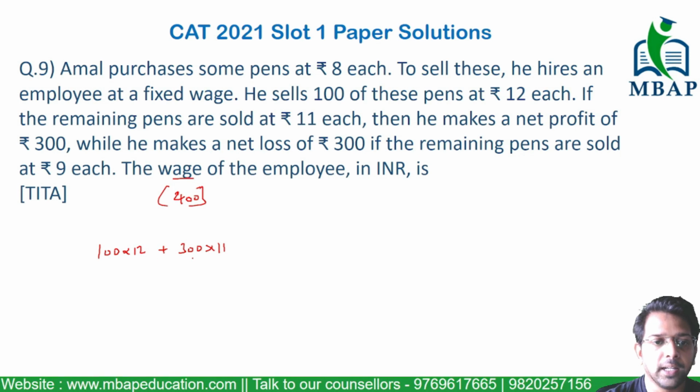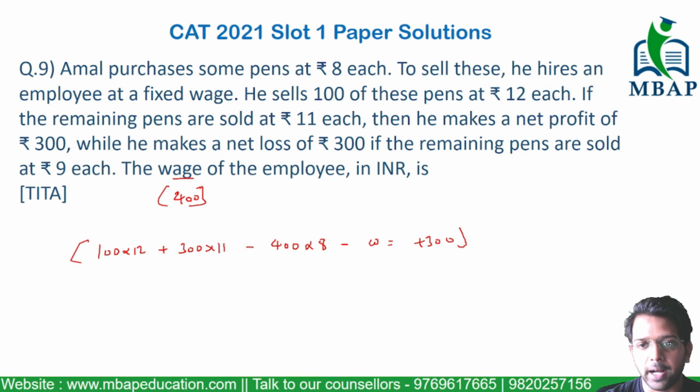This accommodates overall 400 pens which I have actually sold. My cost price for 400 of these pens will basically be 8 into 400 plus the wage of this employee, which is also my cost, and this should give me a net profit of 300, is what the question is saying.